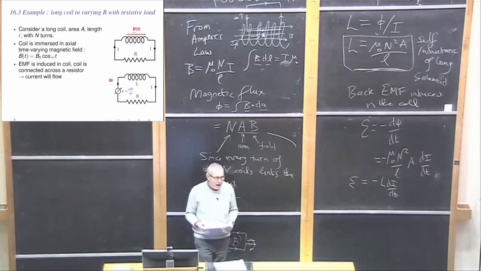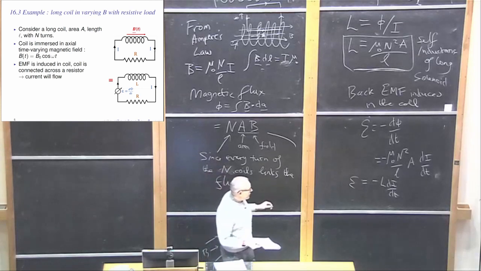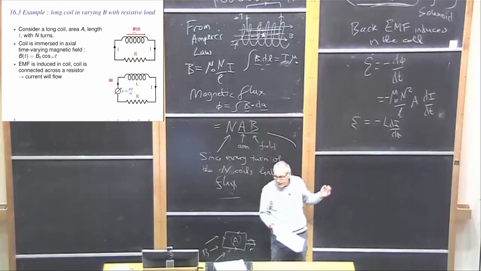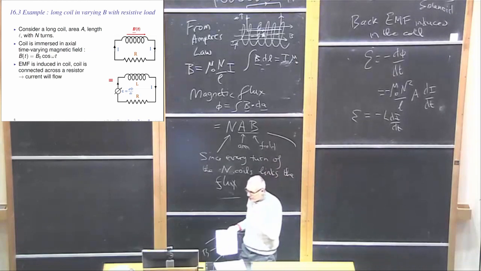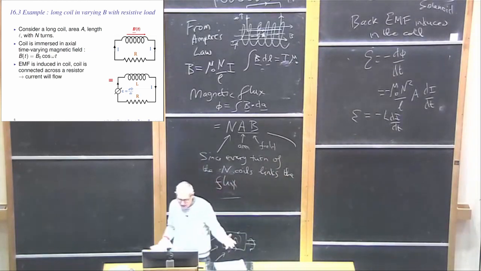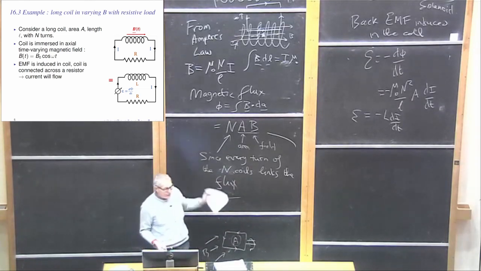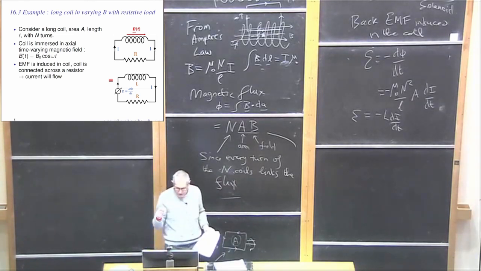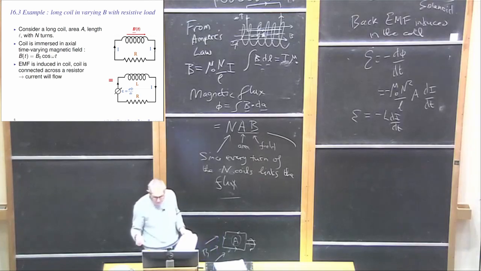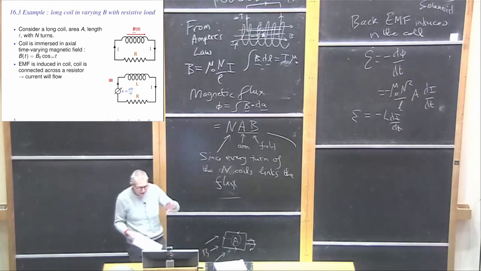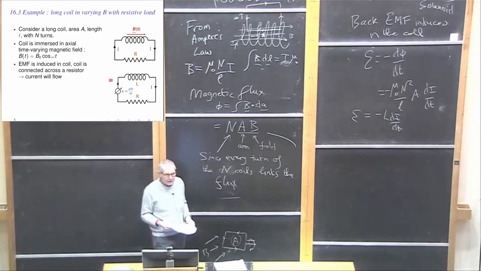Right. So I'm going to follow through this analogy with circuit theory now. We've got this long coil, area A, length L with n turns, where I derived the self-inductance of it. The coil is now immersed in an axial time-varying magnetic field.